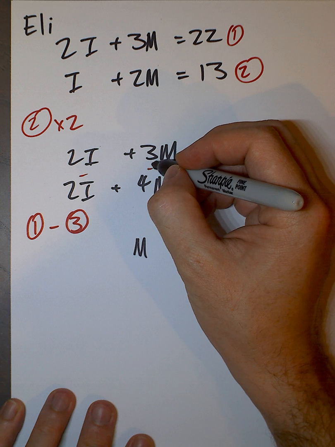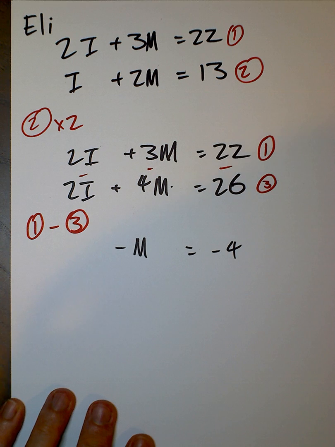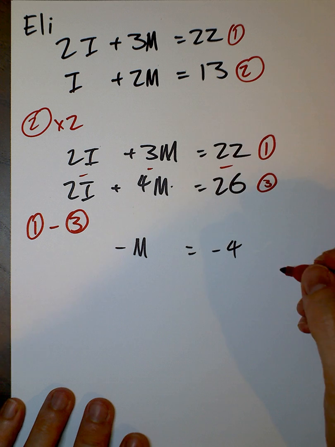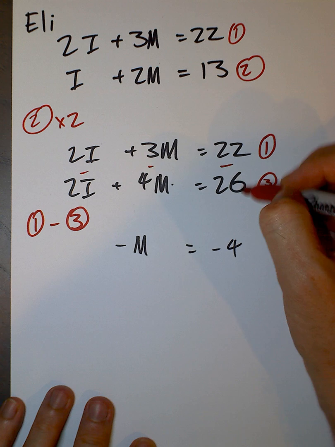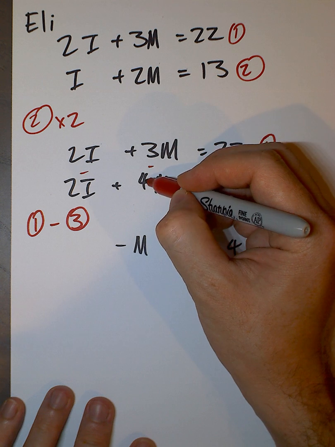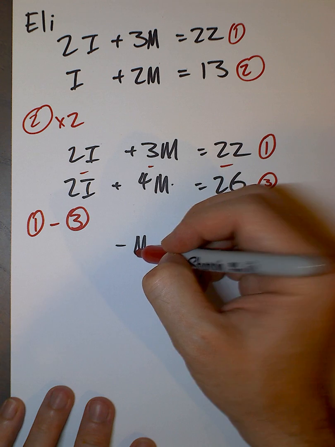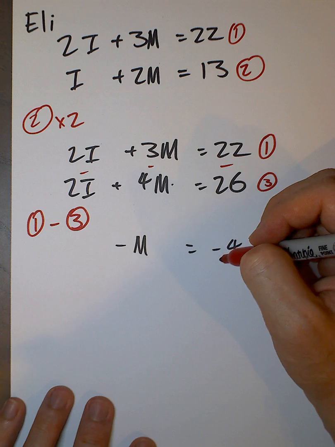It is 3 take away 4, so that's a minus m. There we go. My mistake. So we've got 3 take away 4, 22 minus 26. Pay attention to my mistake here. It's 3 take away positive 4, which is negative m. So negative 1m. And then 22 minus 26, which is negative 4.